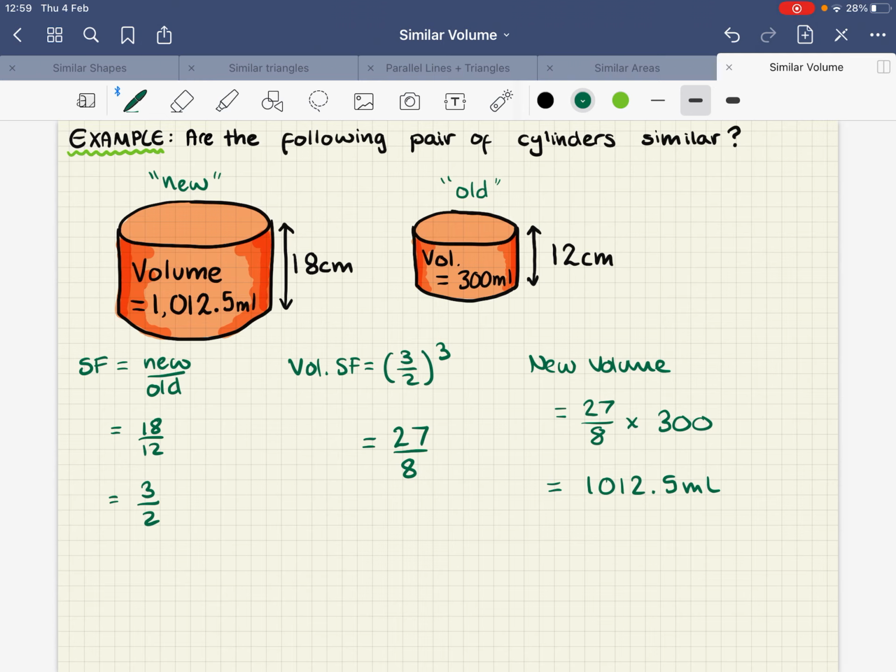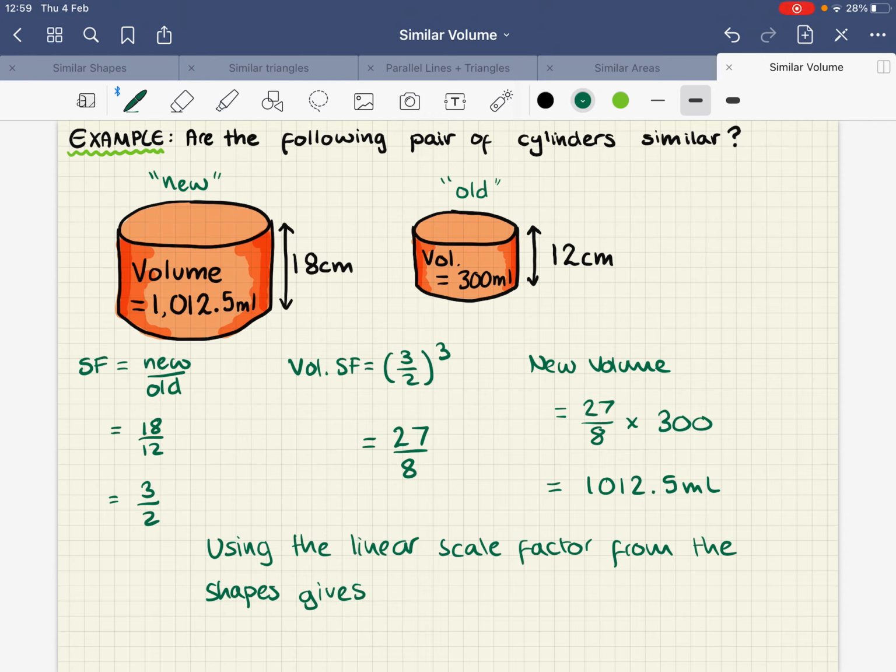So, using the linear scale factor from the shape gives the volume in the question, so they are similar.